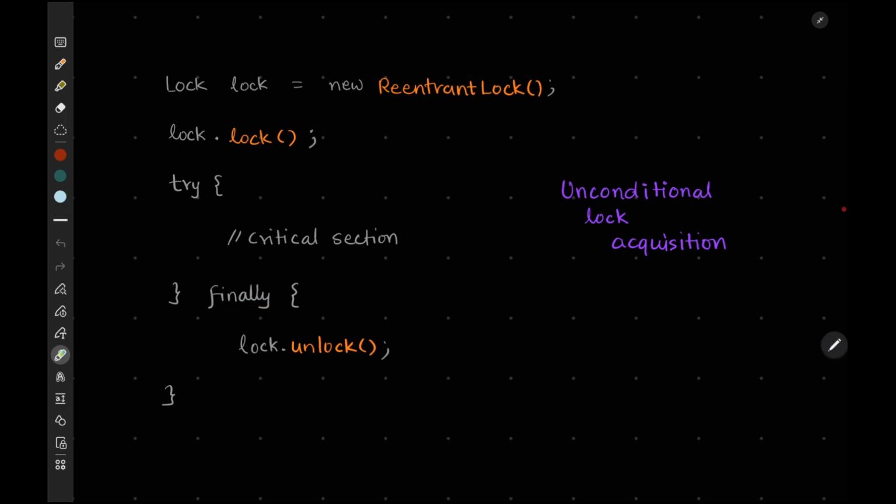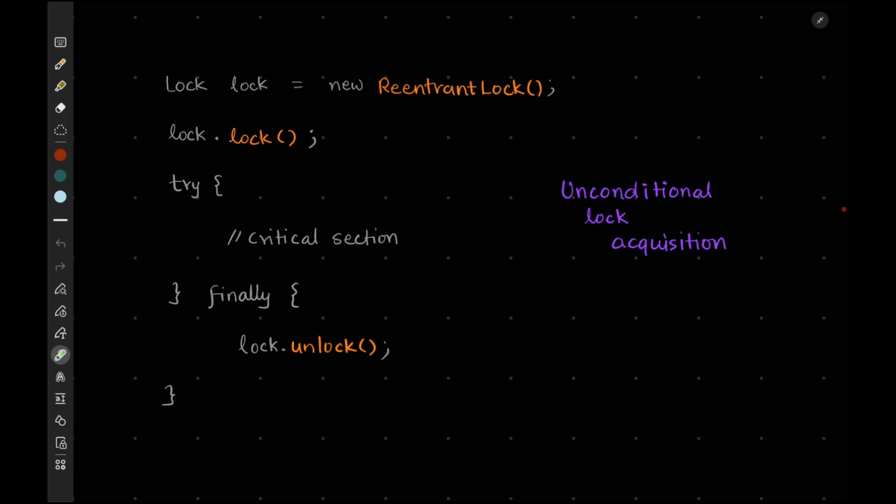Notice this. You must unlock manually. If you forget it, the lock stays locked forever, a ticking time bomb. That is the one reason synchronized is still popular. It can't leak locks. But with great power comes great responsibility, right?